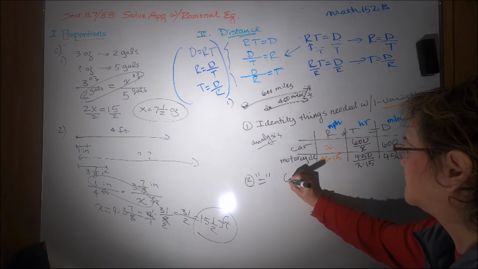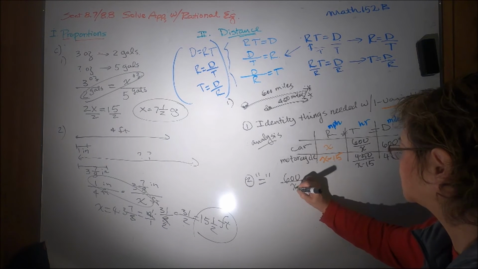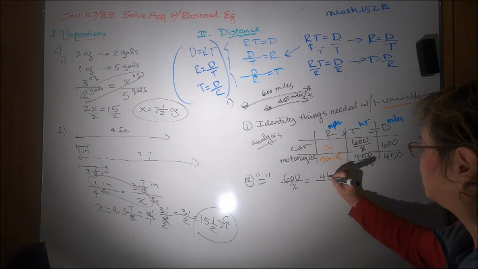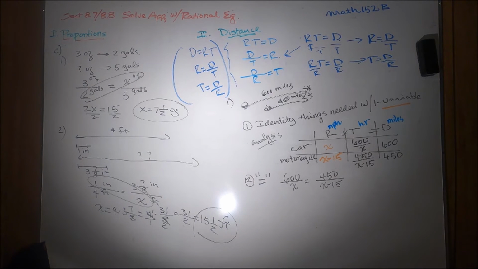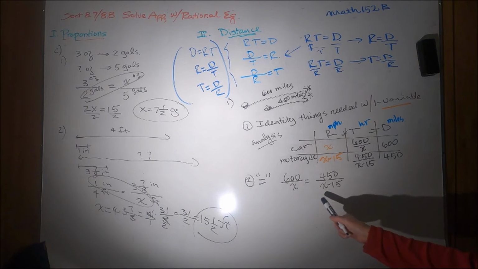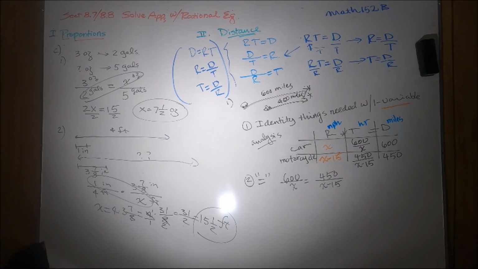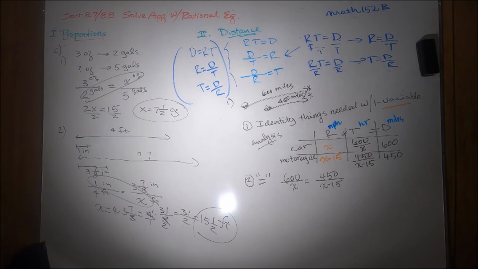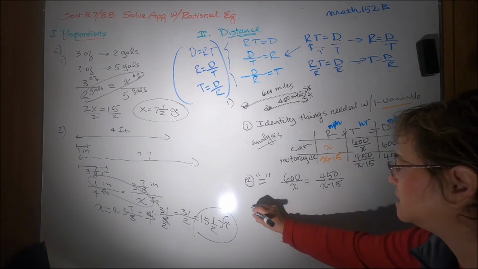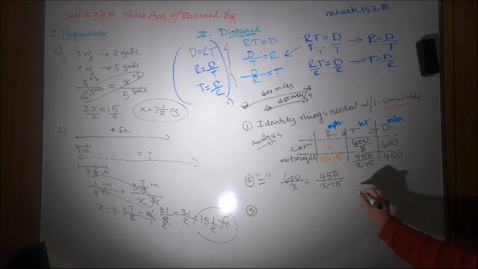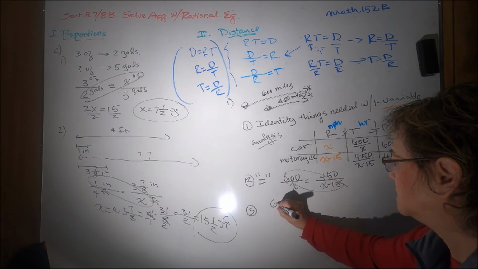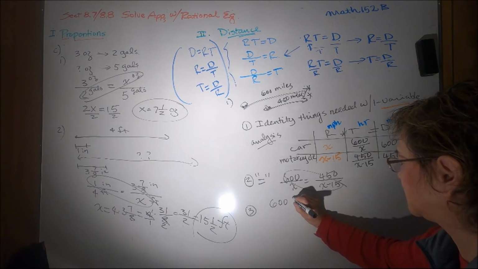So you can write 600 over x equals 450 over x minus 15, right? So do we have a rational equation? Yes. Can we use the shortcut? Yes, because it is a proportion. Two fractions are the same.